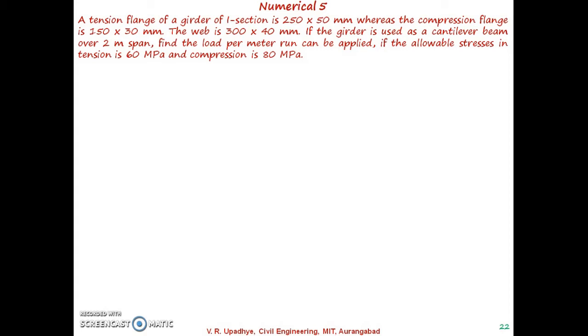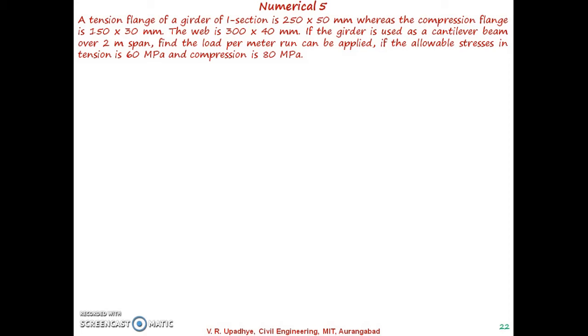So try to understand, in the earlier numerical it was said that one flange is the top flange and the other flange is the bottom flange, and then you were in a position to draw that cross section directly. So try to understand over here what is the discussion. It is said that the girder is used as a cantilever beam.